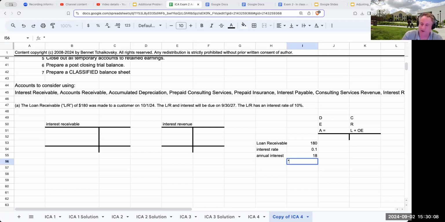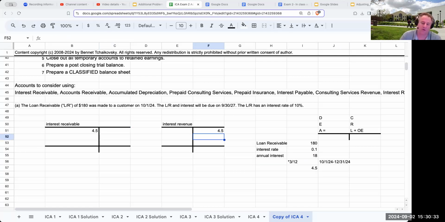So coming over here, this is going to be times 3/12, 10/1/24 through 12/31/24. When I multiply this through by 3/12, I get 4.5. So over here, I'm going to debit interest receivable and credit interest revenue.